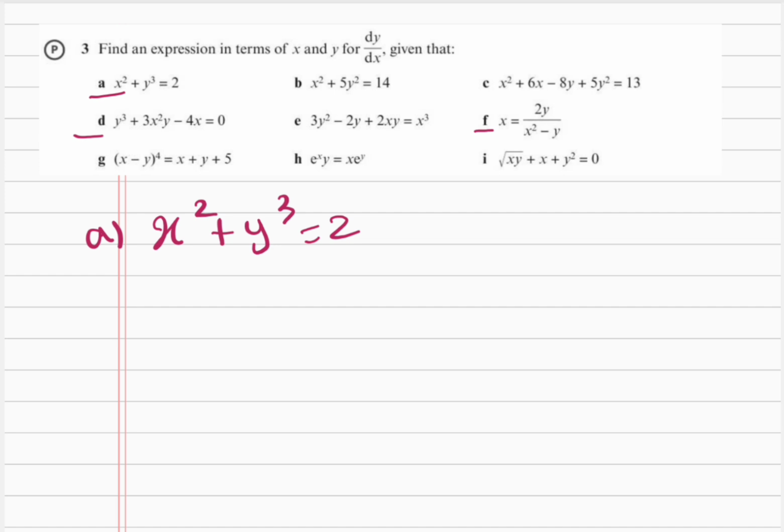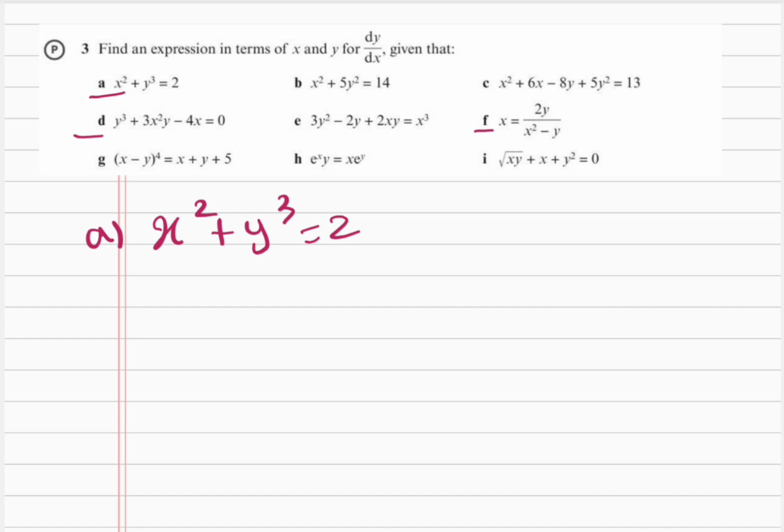The problem is that in many cases we can't really rearrange it, or the rearranging is just going to be too much work, and we don't want to do that because there is a much simpler way, which is implicit differentiation. That's why we tend to use implicit differentiation in cases like this rather than rearranging and then differentiating as usual.